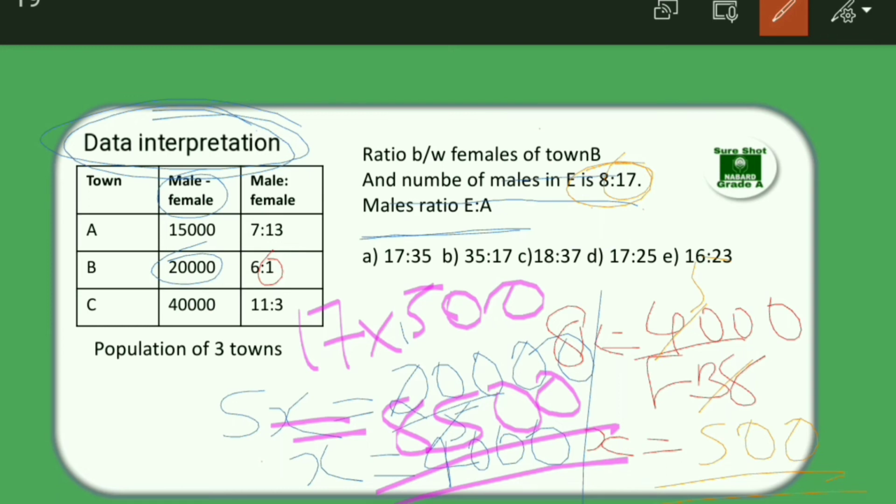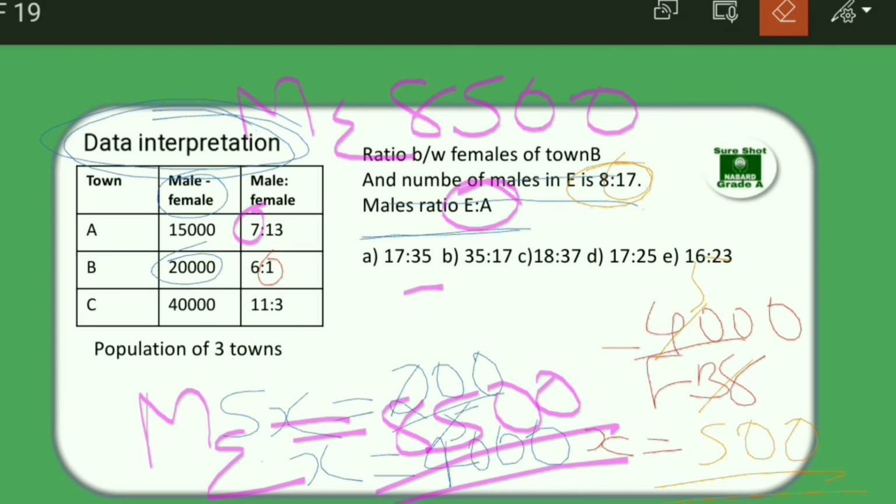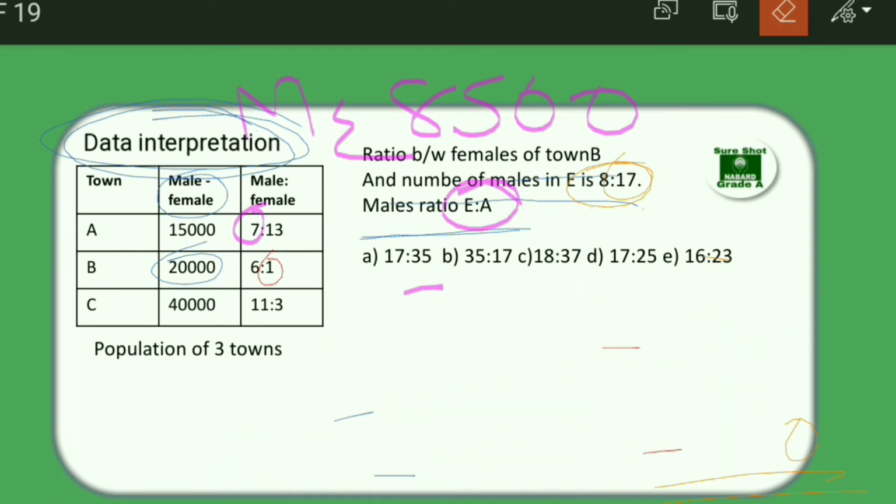Okay, males in town E is 8,500. Now we need to find what would be the male population in A. So I will put it here. This is male in E and we need space, so we are just erasing this. Now here the difference is 13 minus 7, 6x, which is 15,000.